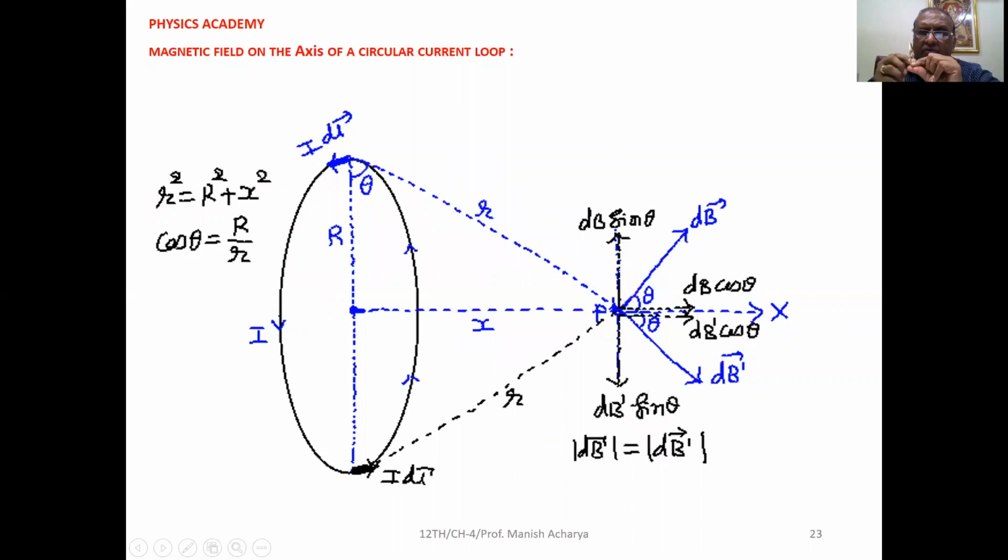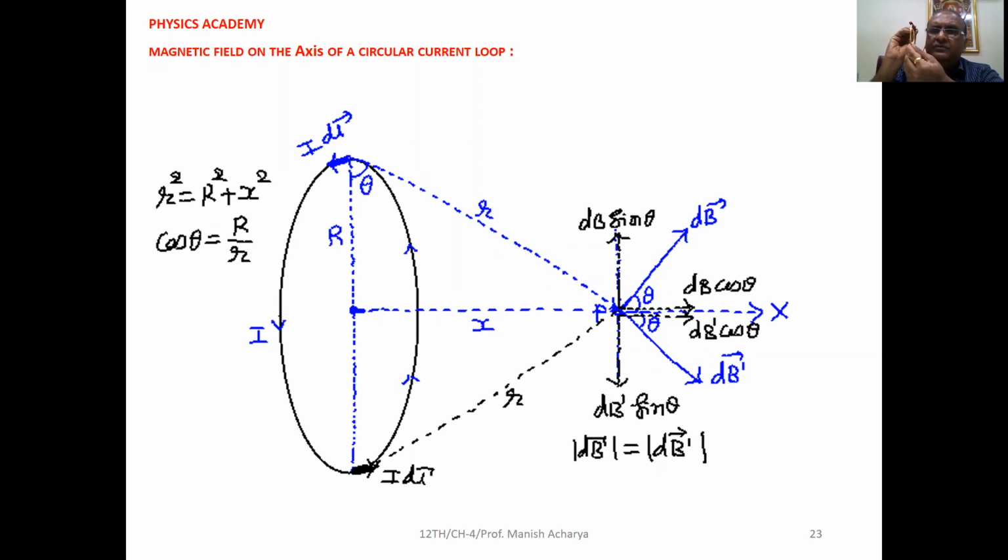Now be careful. See, this one is the ring. Now its axis is somewhere here like this. Clear to all of you? Now the current element is here, and the current element is tangential like this.